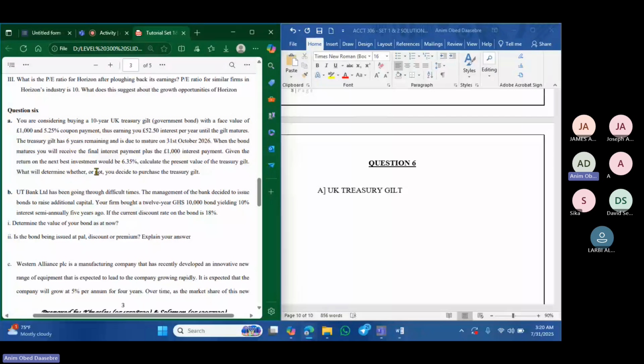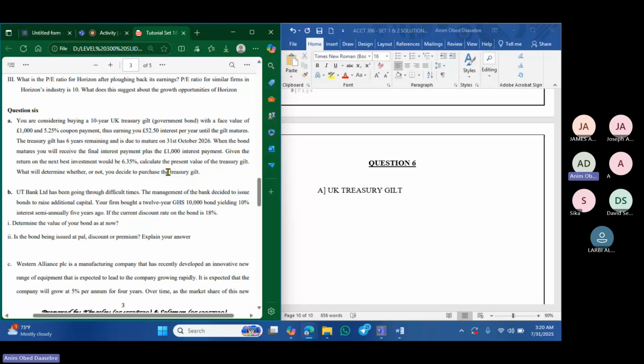The question is asking us, so we are starting with question 6A, and 6A says that we should first find the present value of the treasury gilts. Part II of that question also asks what will determine our decision whether to buy or not to buy the treasury gilts.